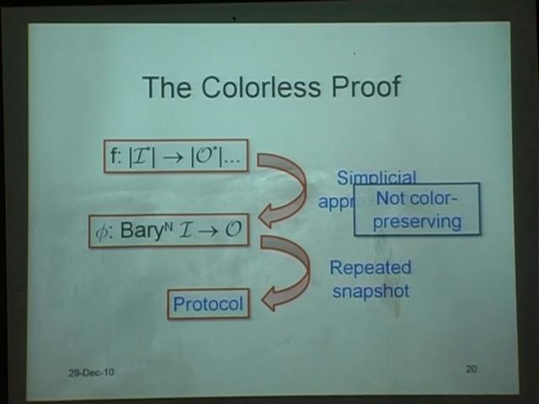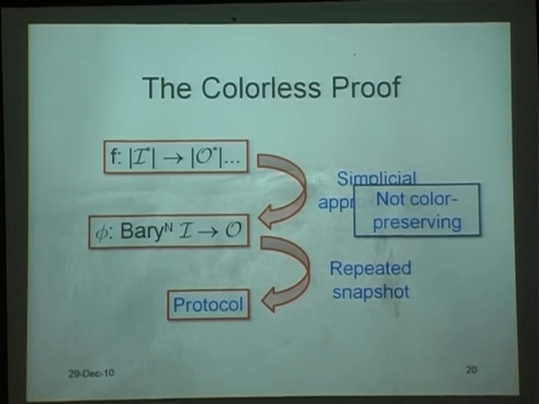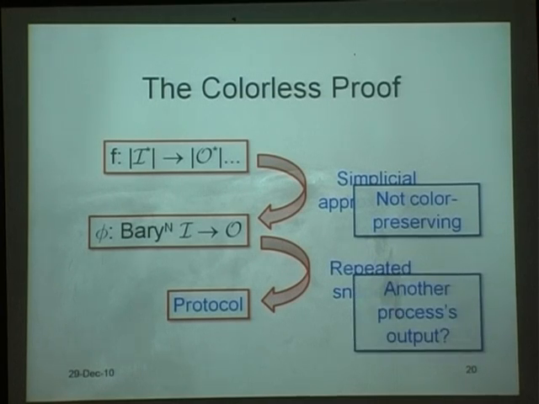So you can run the barycentric agreement, you could end up with somebody else's output. And that's perfectly okay for a colorless task, because by definition, any output is good for anyone. But that's not the case for a colored task. And so the output you end up with might be someone else's output, and you might not know what to do yourself. So that's the heart of the problem.